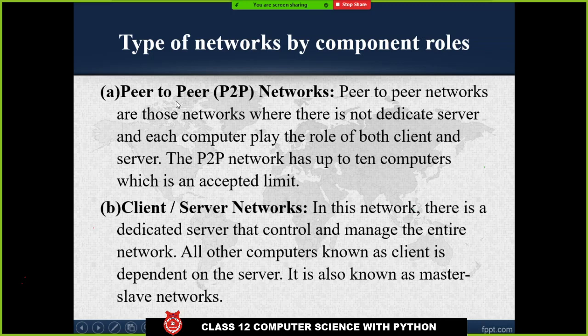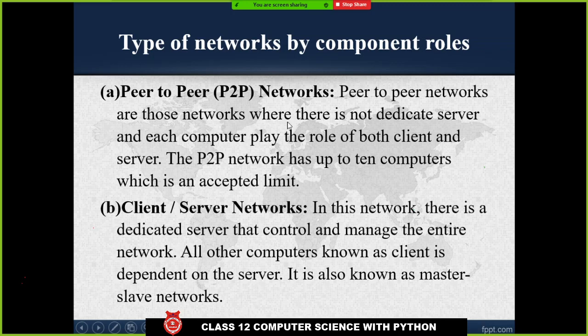The first one is peer-to-peer networks. When you say P2P network, there is no server. Computers can be connected to one another, and they have equal rights. They do not have a dedicated server. All the connected computers are equal.